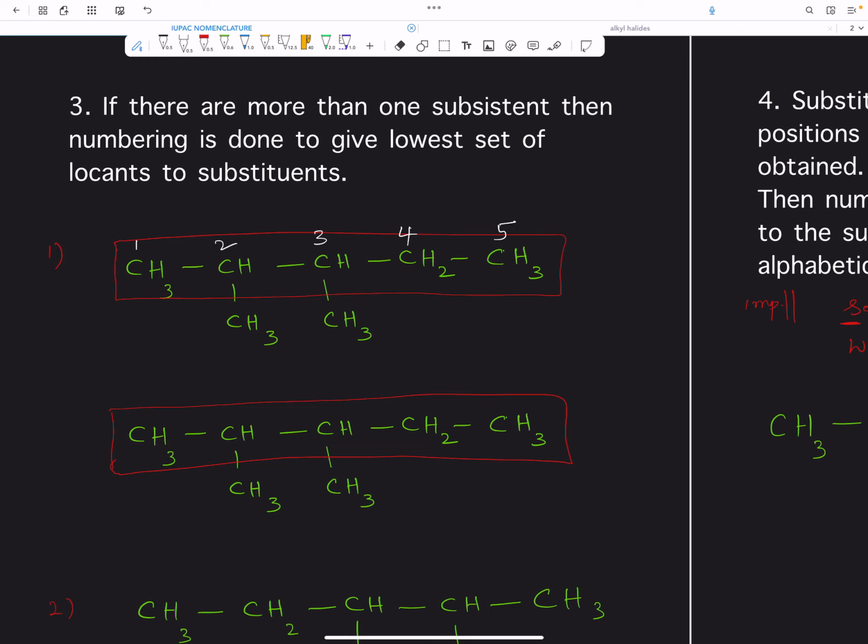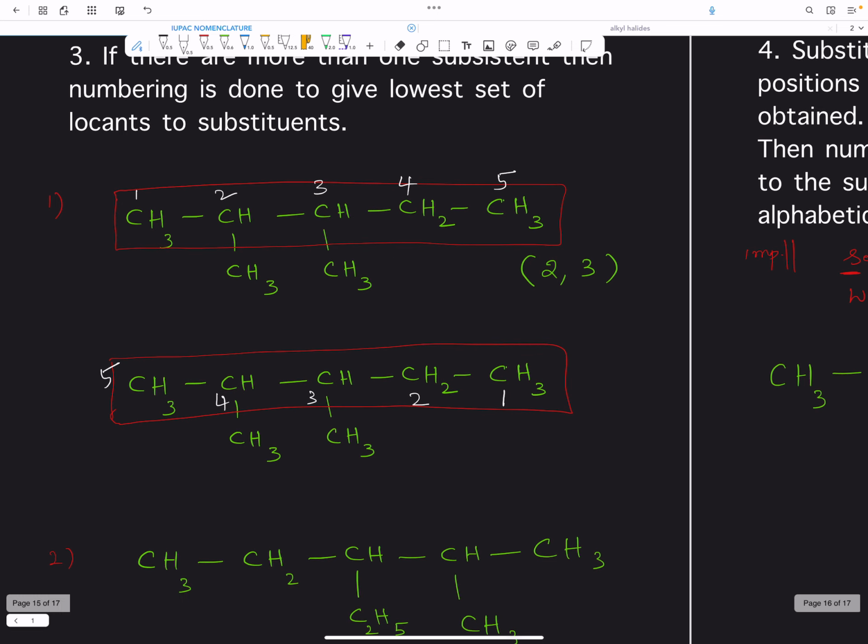Here the set of locants are 2 and 3. Now let us give numbering in the opposite direction: 1, 2, 3, 4 and 5. Here the set of locants are 3, 4. While comparing sets of locants, always first compare the lowest locant.